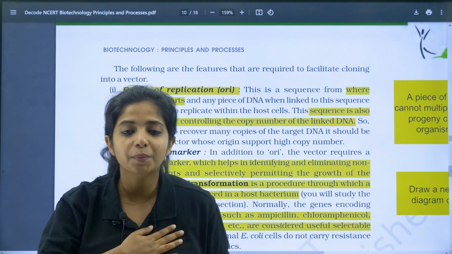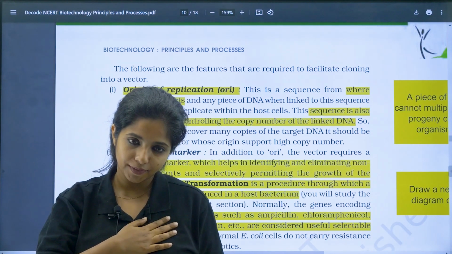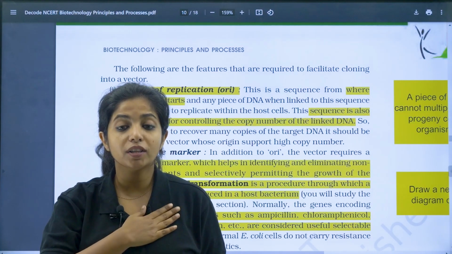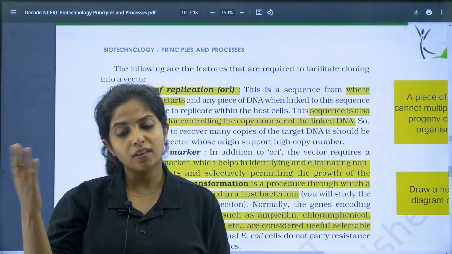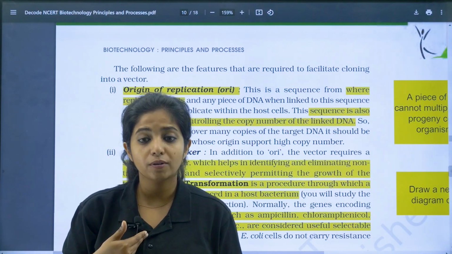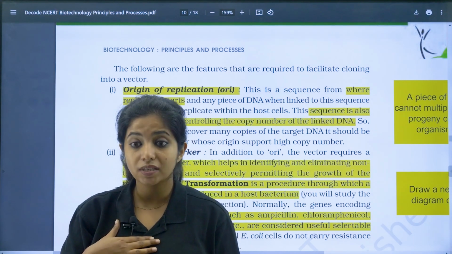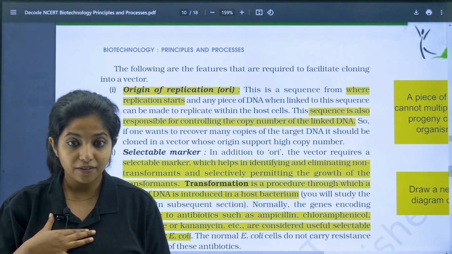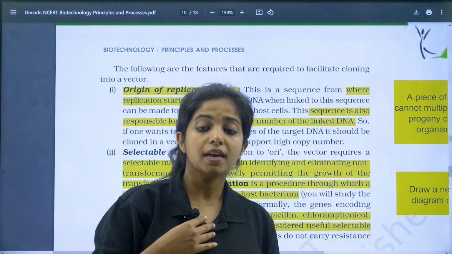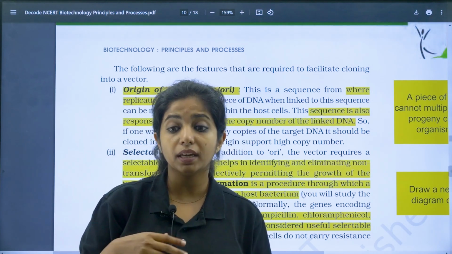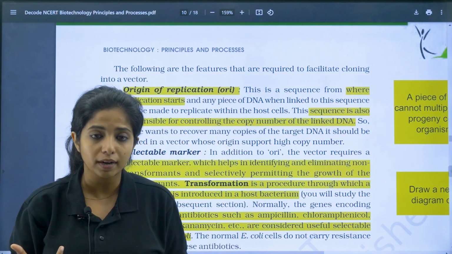Now I have become a transformed Escherichia coli. That means I have undergone the process of transformation. How do other organisms understand whether I am transformed or not? It would only be understood if I have a selectable marker within me.